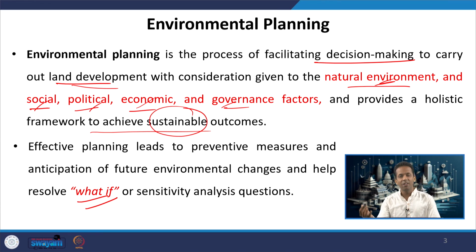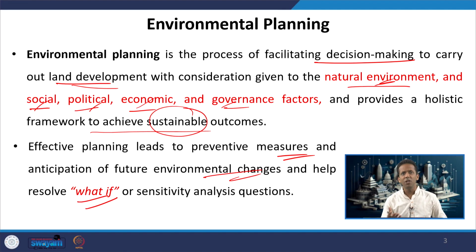What if there is a leakage? What if there is a failure of the reactor? What if there are emissions from the chimney beyond the compliance limit? In those cases, effective planning would tell us what measures, solutions or remedies one can put into action to avoid damages.